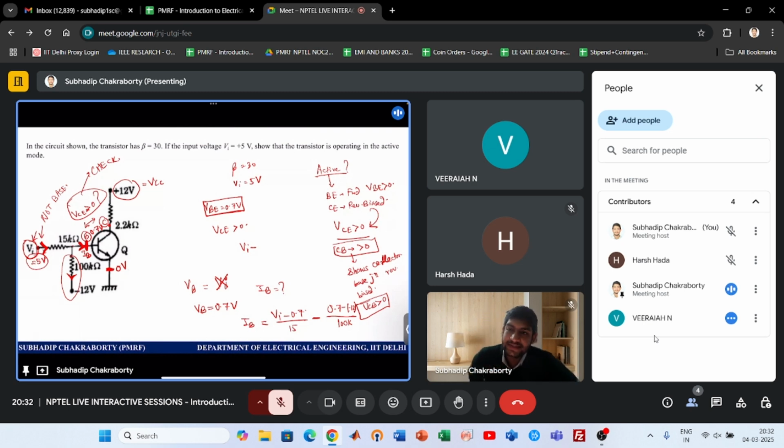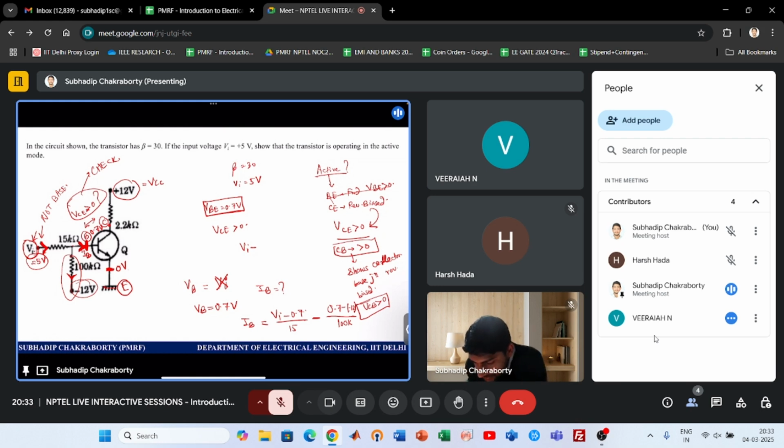But before that, two external resistances are connected and are grounded with -12 volts. But I know that since the NPN is operating in the active zone, if I assume and want to prove, then if VBE is forward biased, as I told you, it is 0.7 volts drop. So if VE is 0 volts, VB is 0.7. If VB is 0.7 and VI is 5 volts, by using network theory, we can derive what is this current, but not directly.